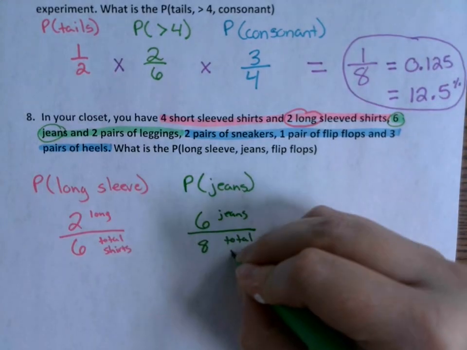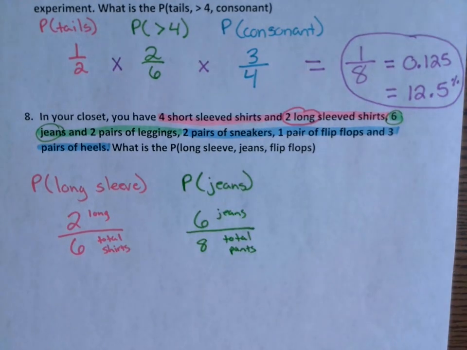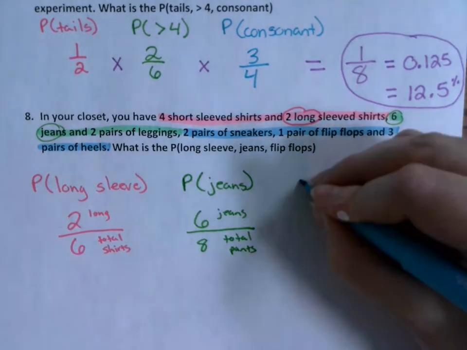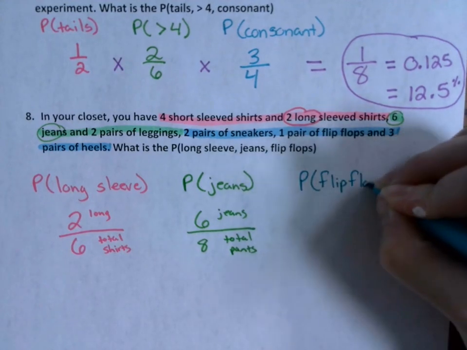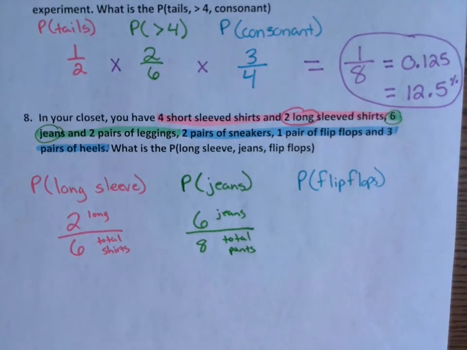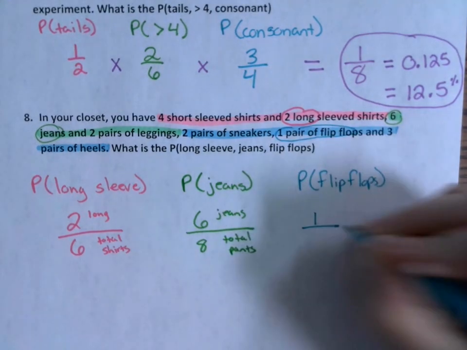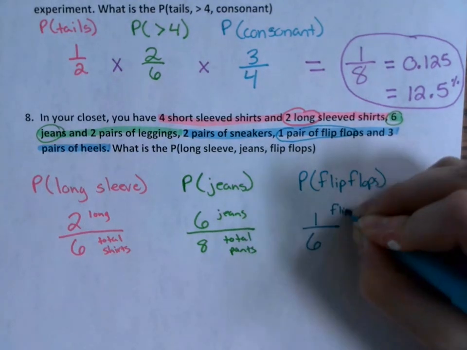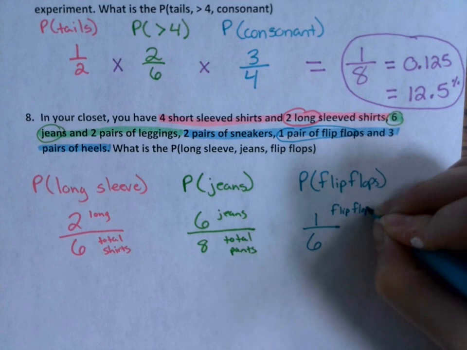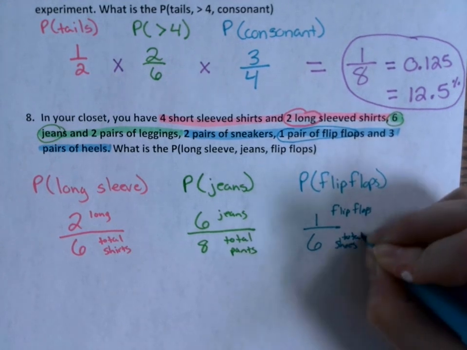Okay, then we've got our shoes. We want the probability that we're going to choose flip-flops. How many pairs of flip-flops do we have? 1, right? We have 1 pair of flip-flops out of how many total pairs of shoes? 6, right? 1 pair that's flip-flops out of 6 pairs of shoes. And then we just multiply that.